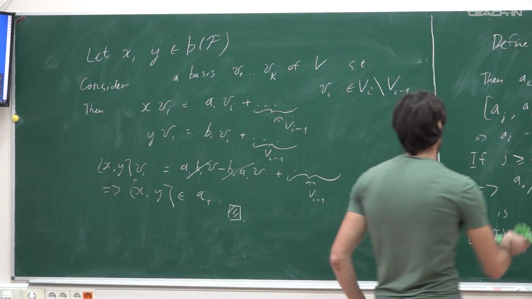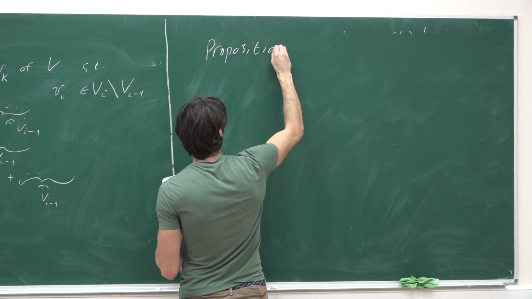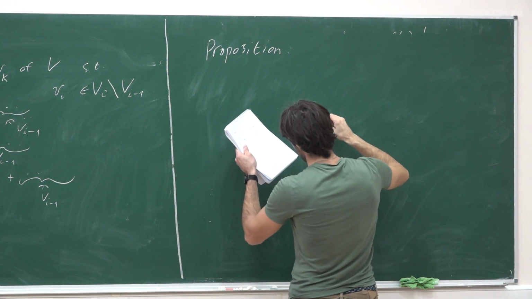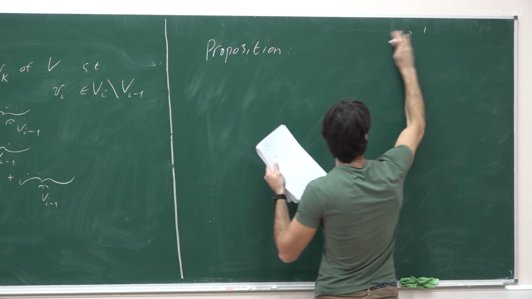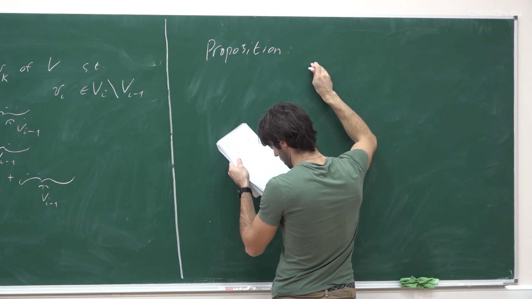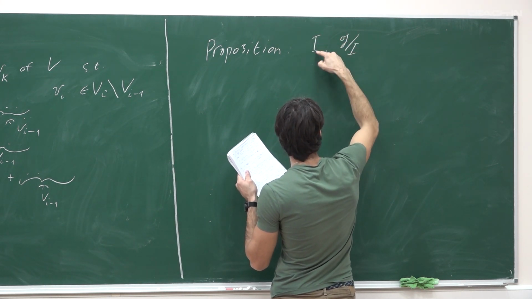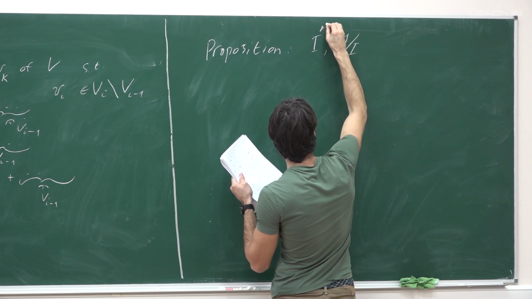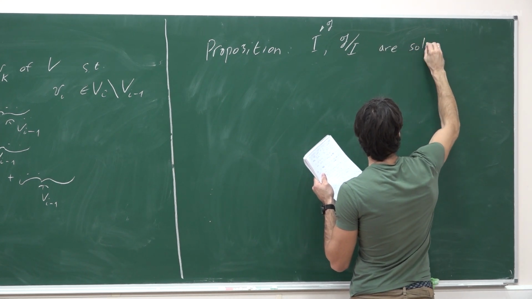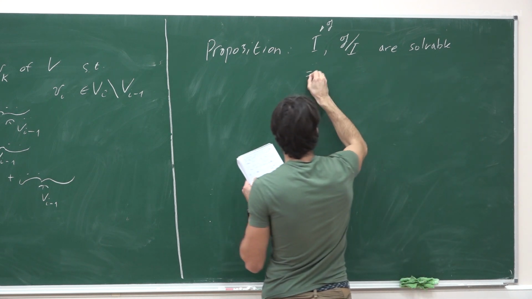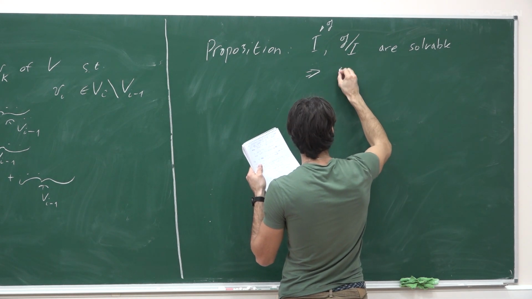Another useful proposition says that if I have I and G over I, where I is an ideal in G, and both are solvable, therefore G is solvable.